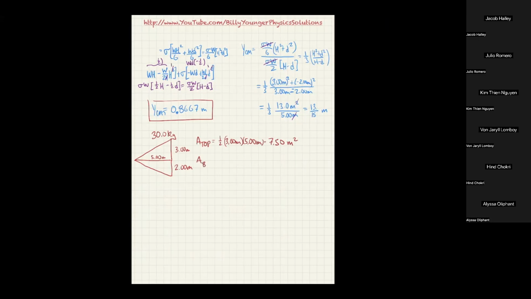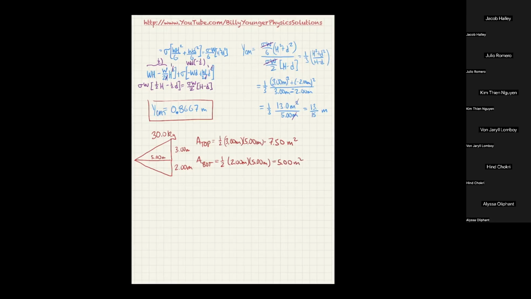The area of the bottom is going to be 1/2 times 2.00 meters times 5.00 meters. 2 times 5 is 10, so this is going to be 5.00 meters squared.